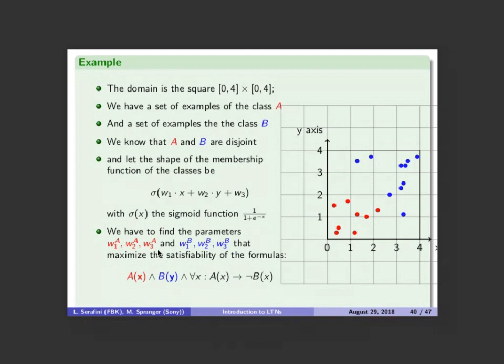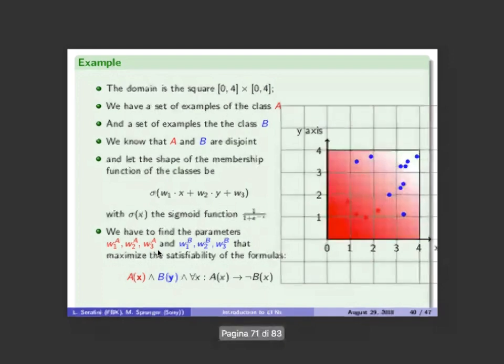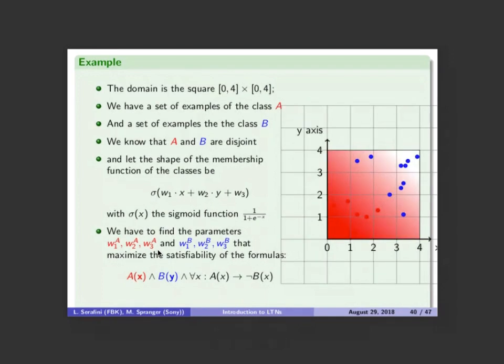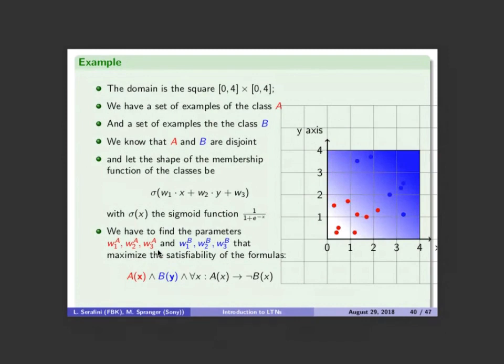So the neural net learning would just try to learn the values for W1, 2, and 3. But now I can explicitly specify such constraints. And then I would have something like this. So the same thing we had with the fuzzy set would be learned here.